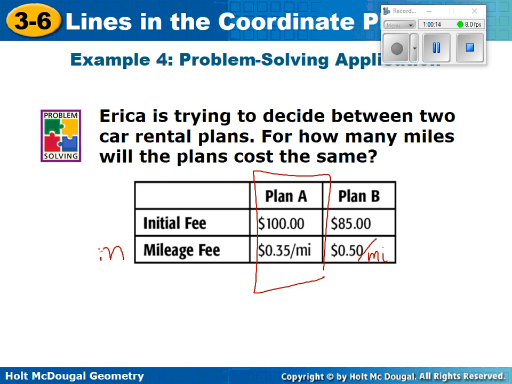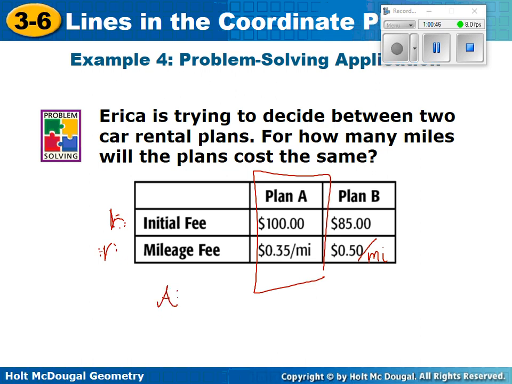It's where I start, but again, on my graph, it's where the time is 0. So if my initial fee is $100, it's my y-intercept, right? Is that making sense? So this is B, this is M. Initial fees are going to be your starting value on your y-axis, and your mileage fee is a rate of change, so it's slope.